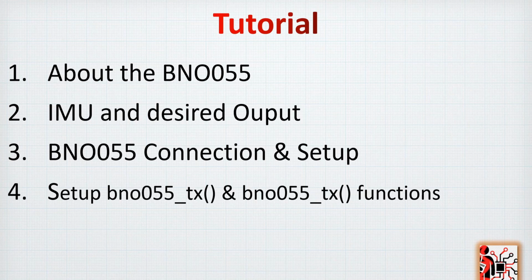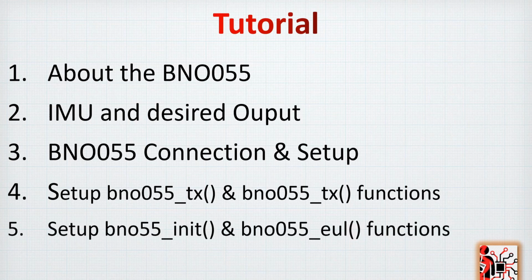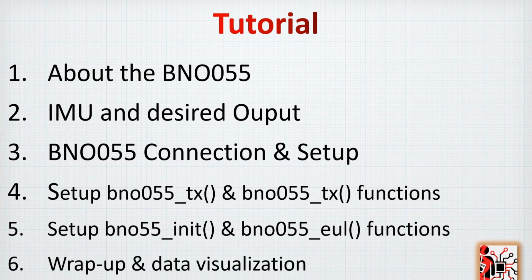Then we are going to start coding the transmit and receive functions. After that, we are going to initialize and create the BNO Euler function, where we are going to get the angles. Finally, we have a wrap up and we will visualize the data.